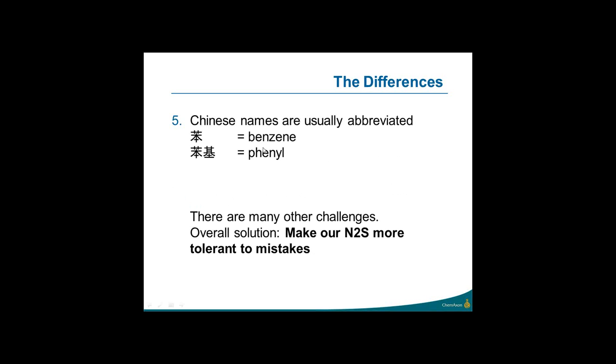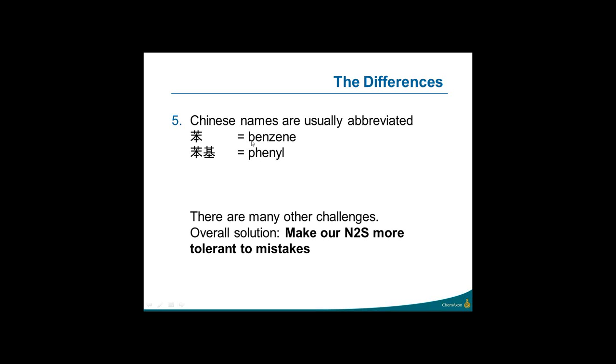And another challenge is that many times the Chinese name could be abbreviated. For example, benzene in Chinese is different from phenol, which is benji, but in many Chinese names, these two are interchangeable.